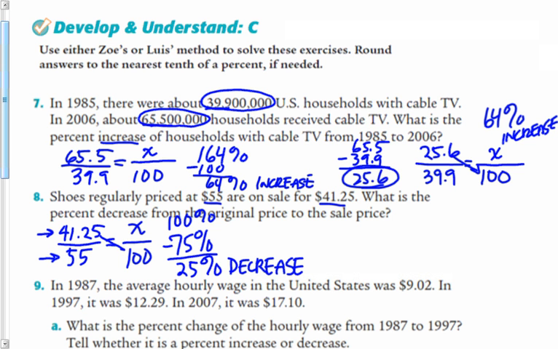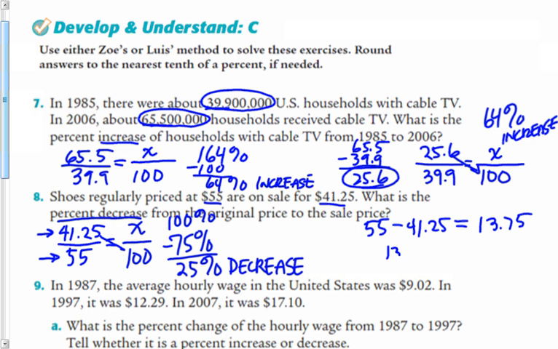Now, that's sometimes confusing for students, so I like this way better. Since we want to know the percent decrease, why don't I find the decrease from $55 to $41.25 by just subtracting them. I subtract those and find out how much my discount is. How much am I getting off? When I do that, I get $13.75.